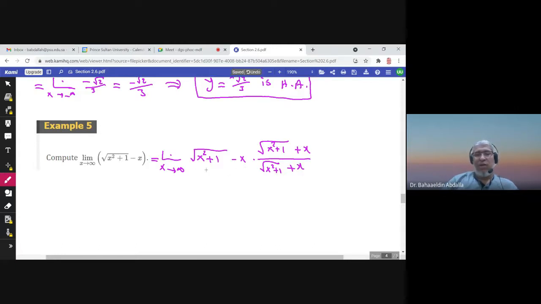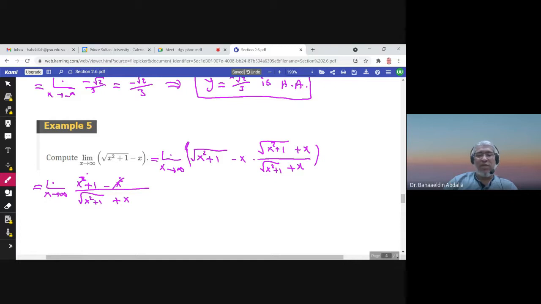So when I multiply these two fractions, okay, what do I get? This times this would be u minus v times u plus v, which will give you u squared minus v squared. So we will have x squared plus 1 minus x squared over square root of x squared plus 1 plus x.